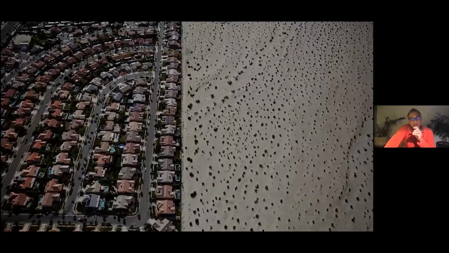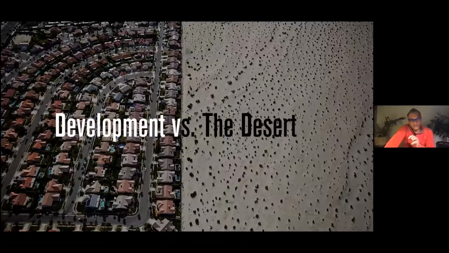If you look at how development has happened, or how we humans have built in the desert, what you see on the right is the desert itself. You see sparse vegetation, and the landscape stretching out in between the sparse vegetation. And on the left, you see human development.